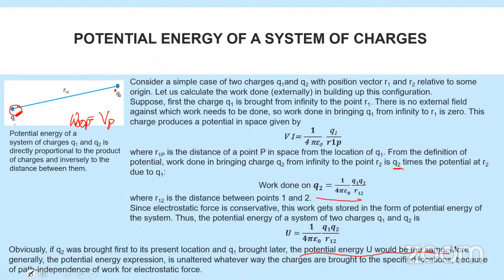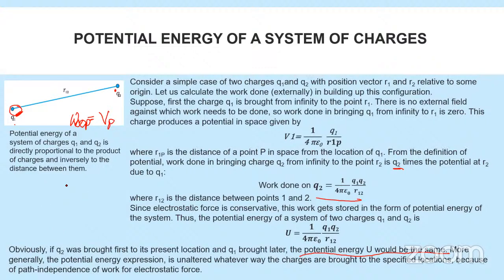More generally, the potential energy expression is unaltered whatever path you choose or whatever configuration you use to bring the charges, because we specified before that the electrostatic force, and the work done to get the potential difference that we try to find, is independent of the path followed in getting the charges to the points of concern.